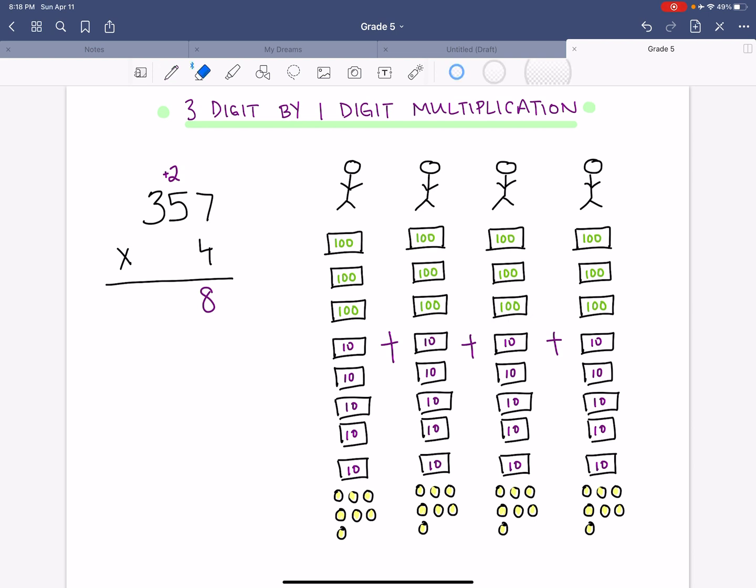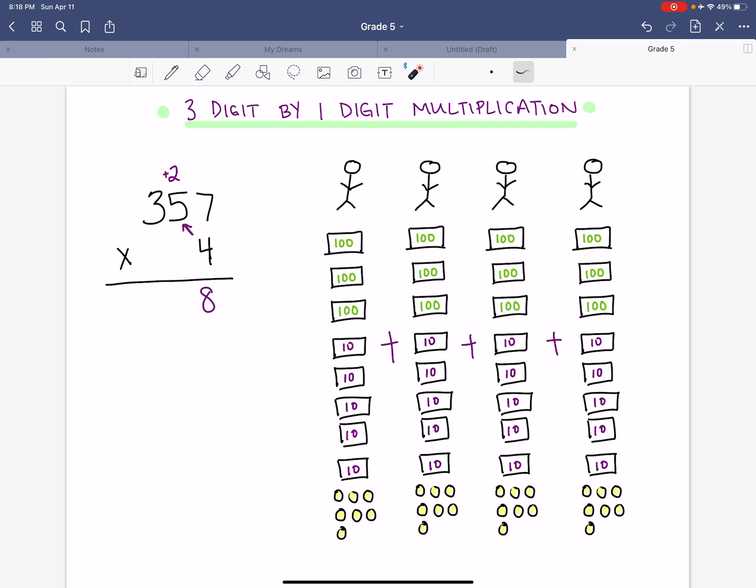We're done the 4 times 7. So let's do 4 times 5 now. Okay, so 4 times 5 is 20. And the reason why I put that little plus 2 up there, you guys, is that now I need to add that 2 onto my 4 times 5. So 4 times 5 plus 2.